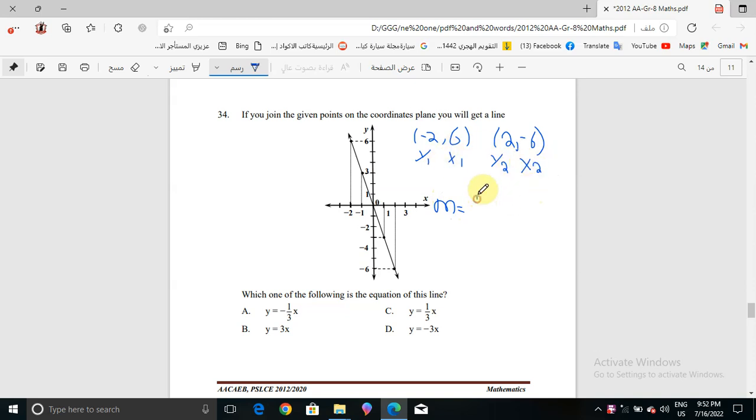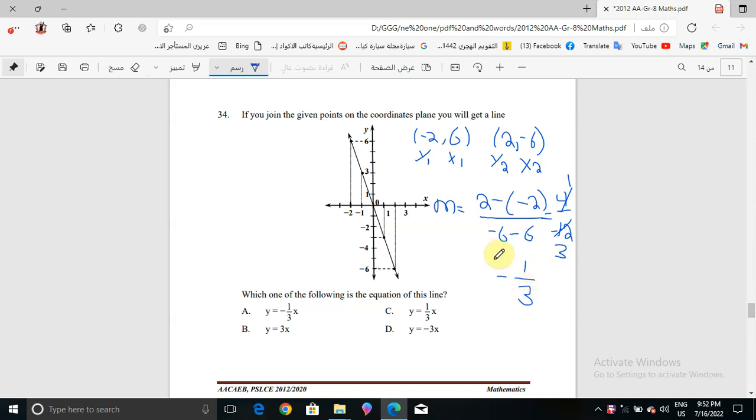So it will be 2 minus, inside the bracket, -2, over what we have here, -6 minus 6. Then we will get 4 over negative 12. So that means here by 1 and here by 3. Then we will get negative 1 over 3.